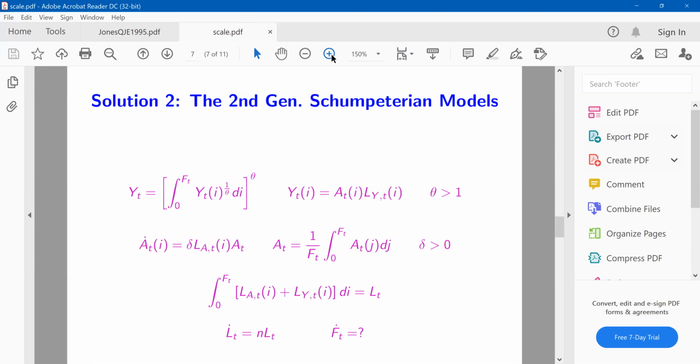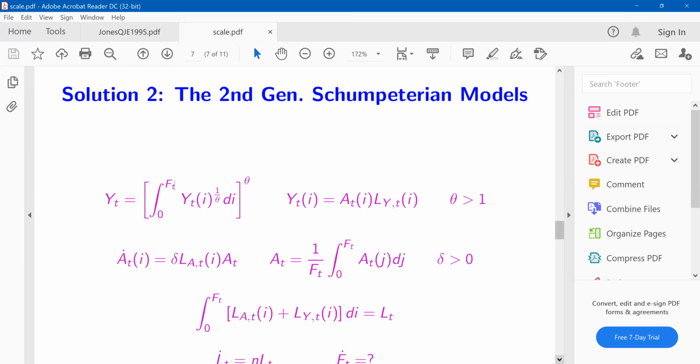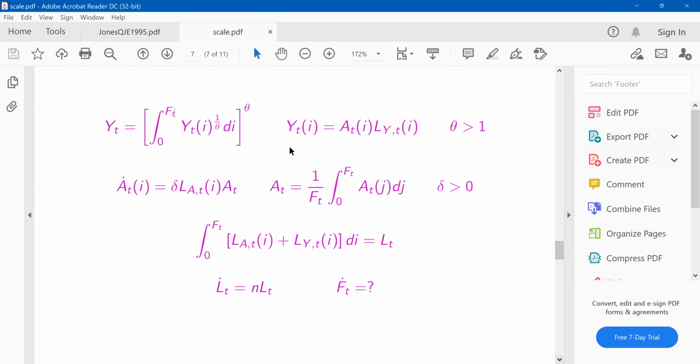Let me zoom in a little bit. So there are firms in this economy, and each firm i produces a good by using labor, and each firm has this productivity level. Theta is a parameter that determines the substitutability of these different intermediate goods, obviously, right?